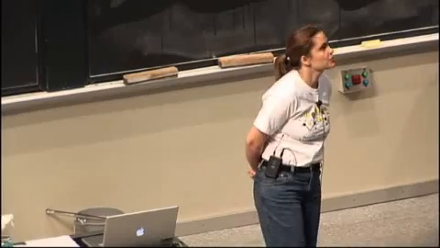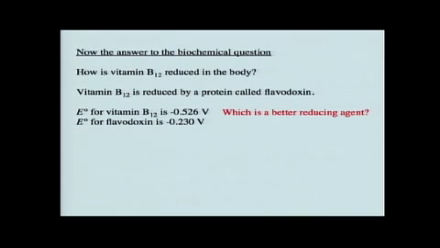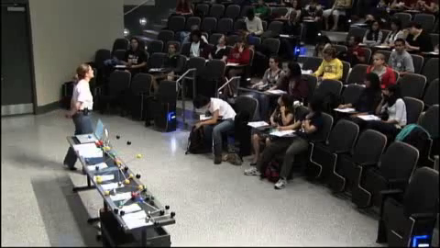Vitamin B12 has a standard reduction potential of minus 0.526 volts, and that is a very low number for a biological system. Flavodoxin has a potential of minus 0.23 volts. So which of these is a better reducing agent?